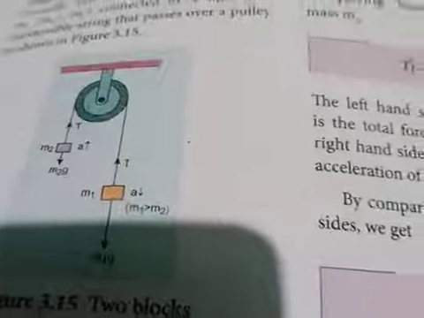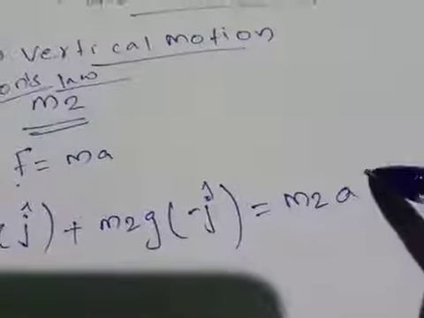So acceleration is in the plus j unit vector.